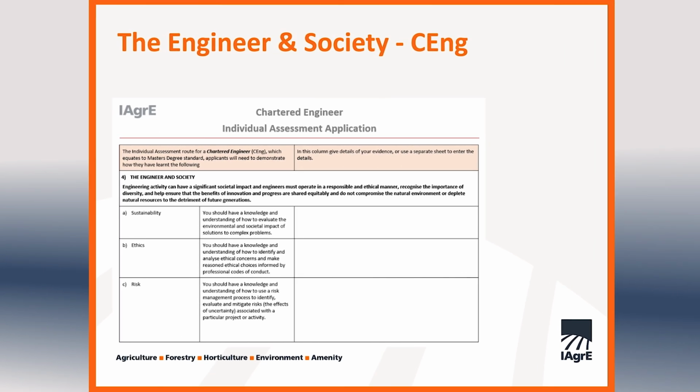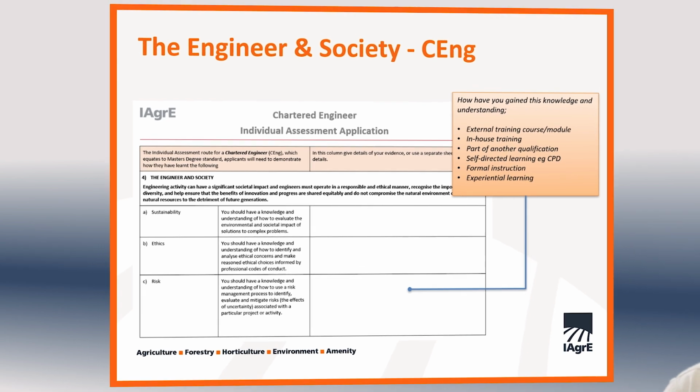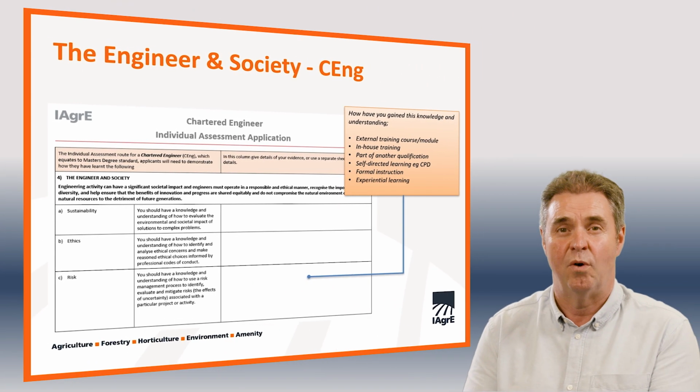So again, how do you prove that you've acquired this knowledge of how and where to use these techniques? It's back to the same things I've discussed previously. You need to go back through your career and education and provide our assessors with where you have acquired this underpinning knowledge and learning. In all cases, and for all the attributes, you will likely have to draw from a number of different sources to meet each one.